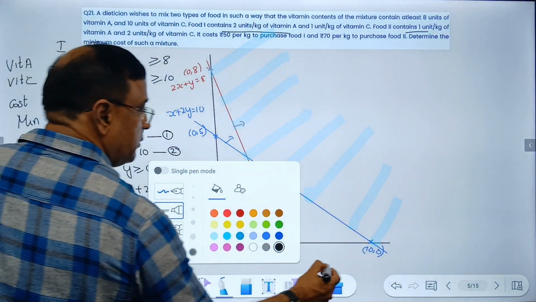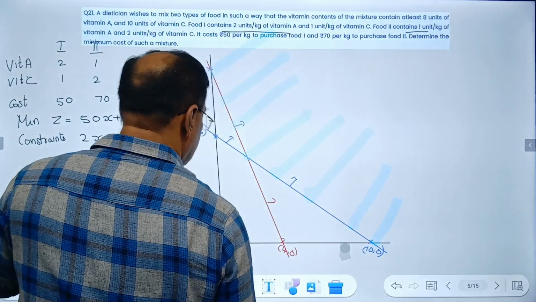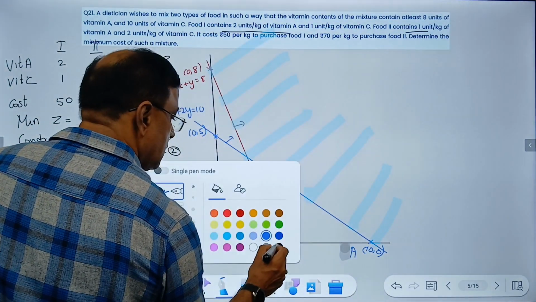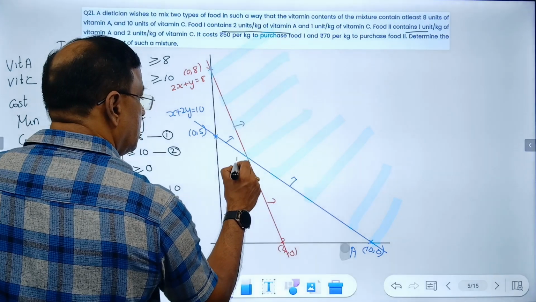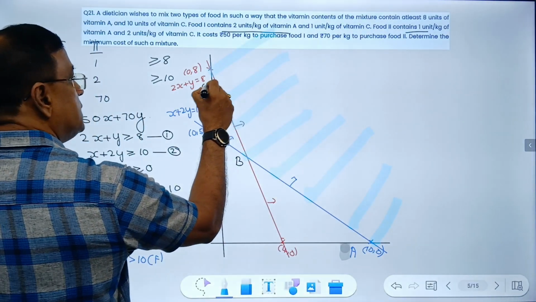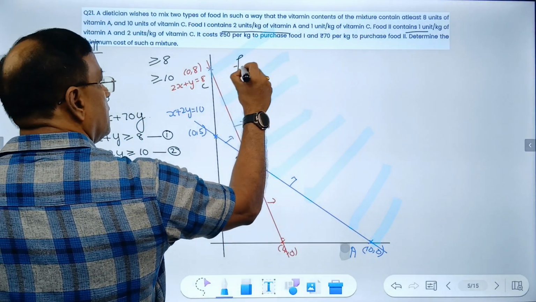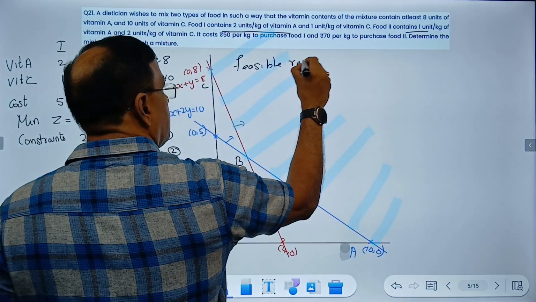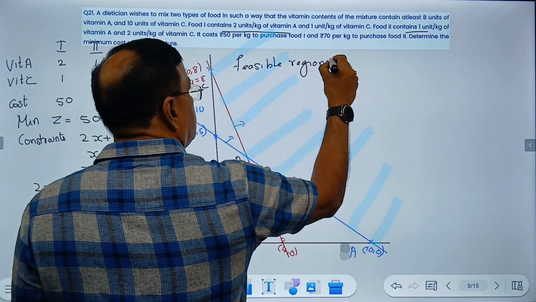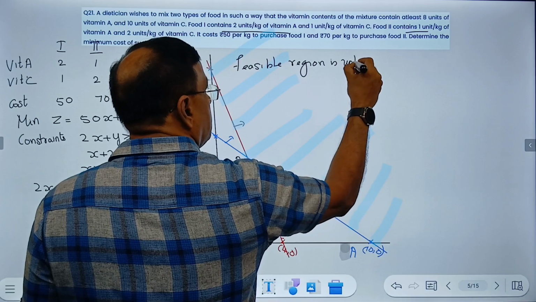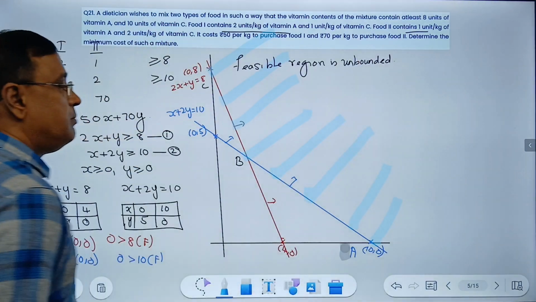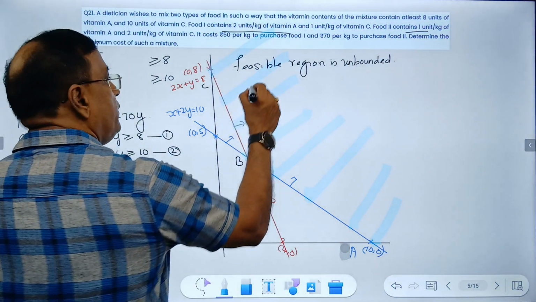Let me name it as A, and this is B, and this is my C. So you will write: the feasible region is unbounded. And what are the corner points?